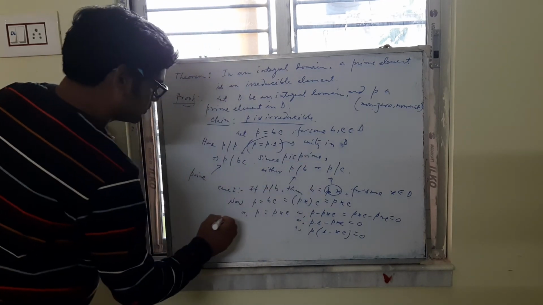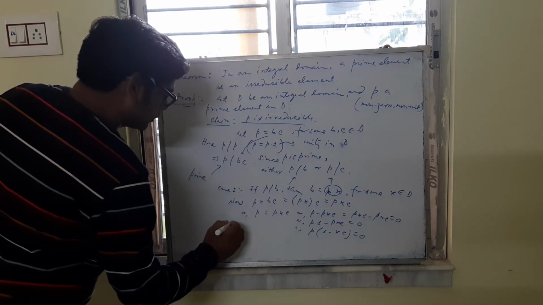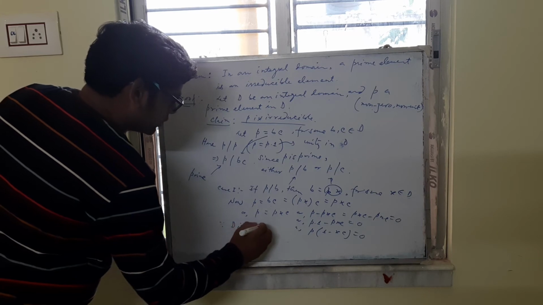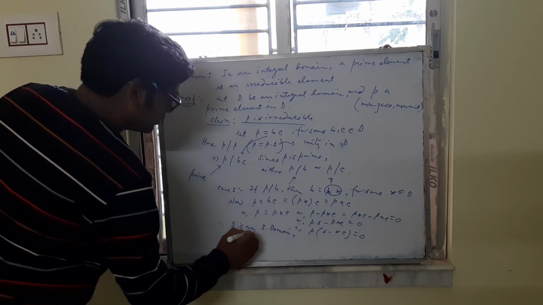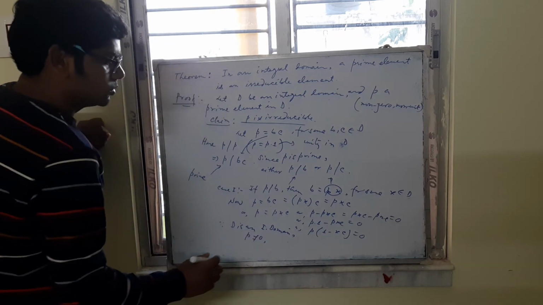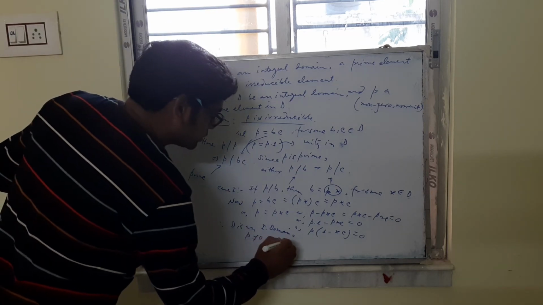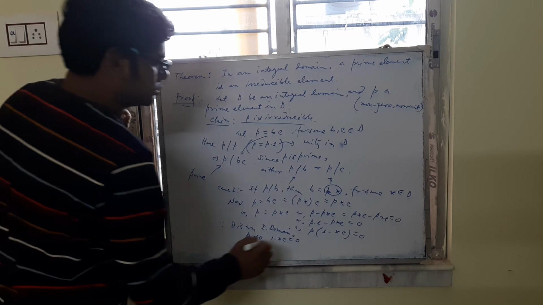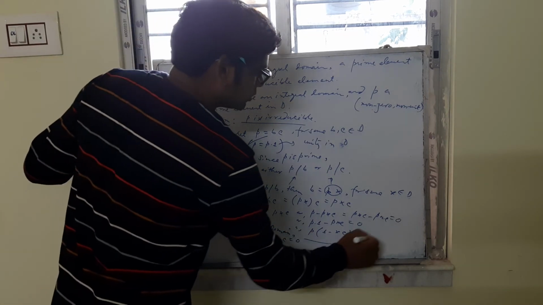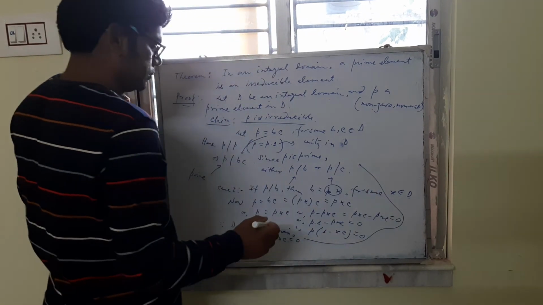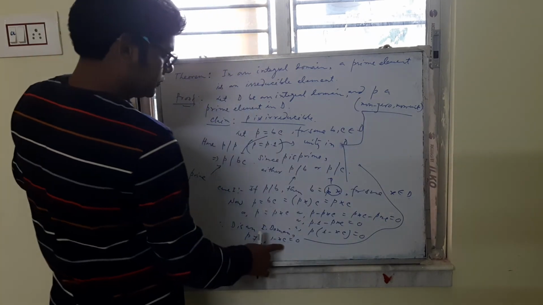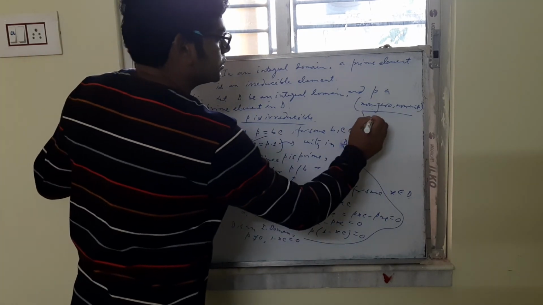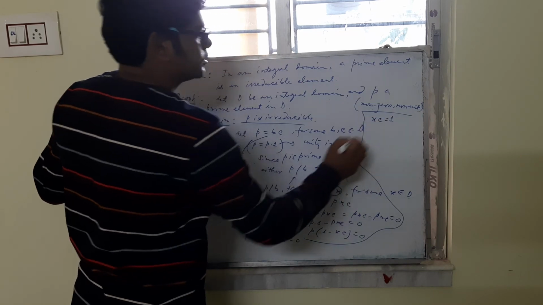So from this relation we write XC equals 1.